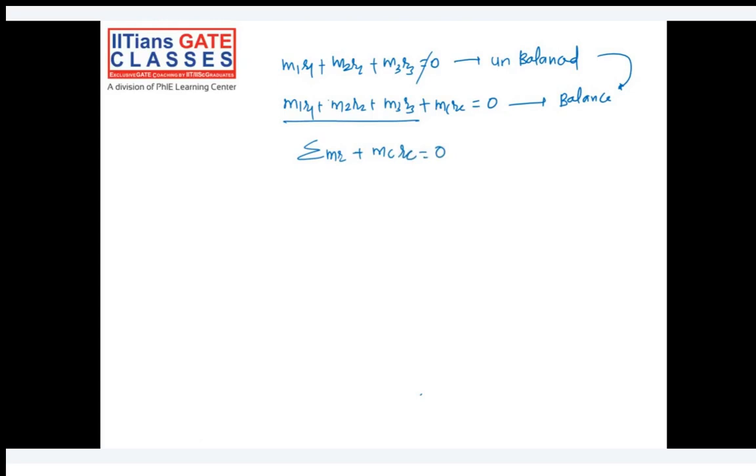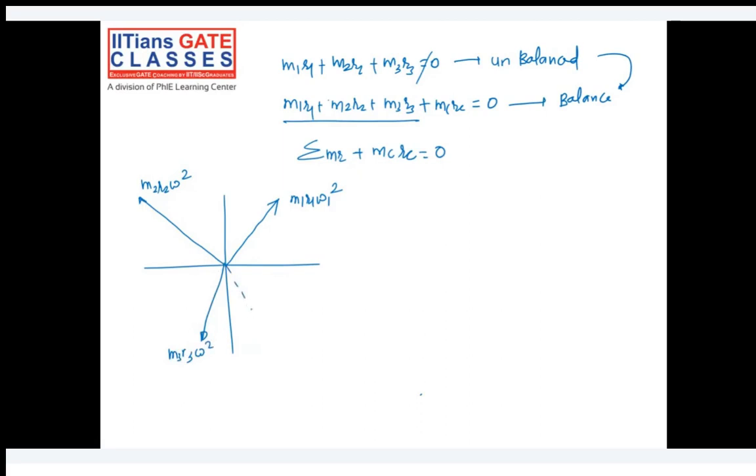So how will the system look in reality? In mechanics you might have studied, this was our first mass. So can I write it as M1R1 omega square, M2R2 omega square, and this is, let's say, M3R3 omega square, and this is our counter mass, which is creating a moment MCRC omega square.